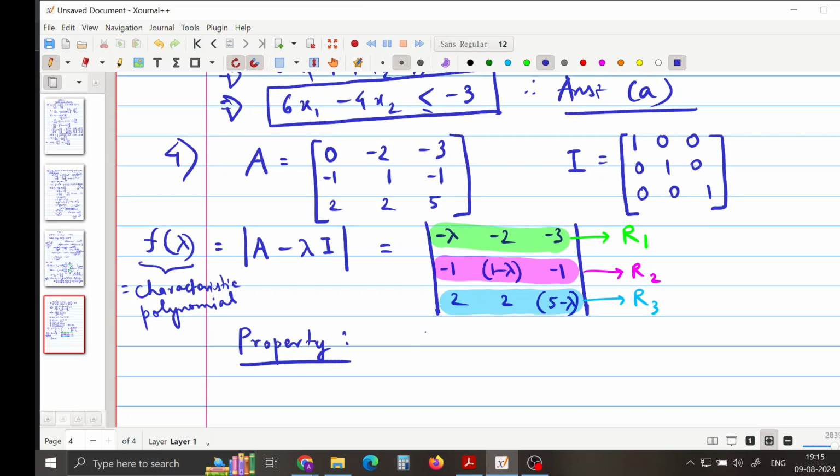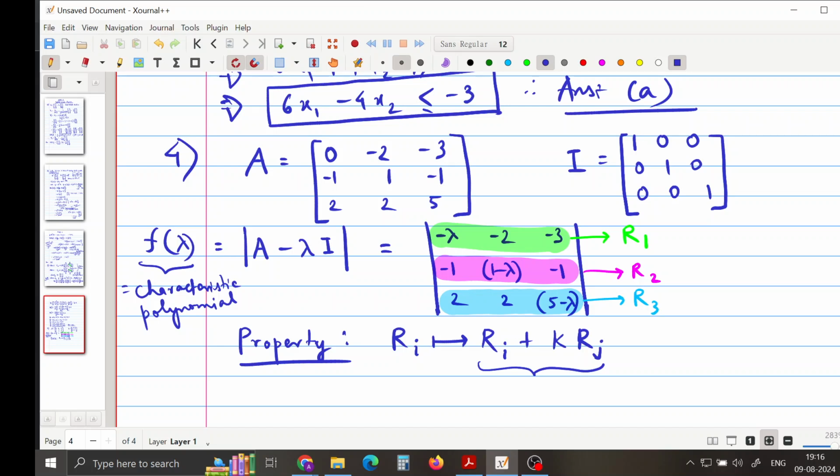Meaning, let's say you add some constant k times the jth row to the ith row and store the result back in the ith row.